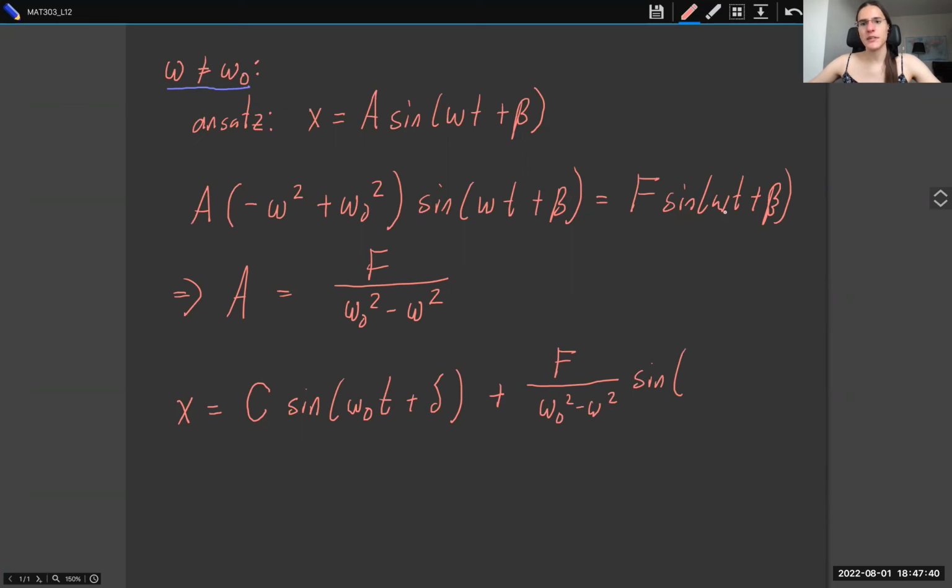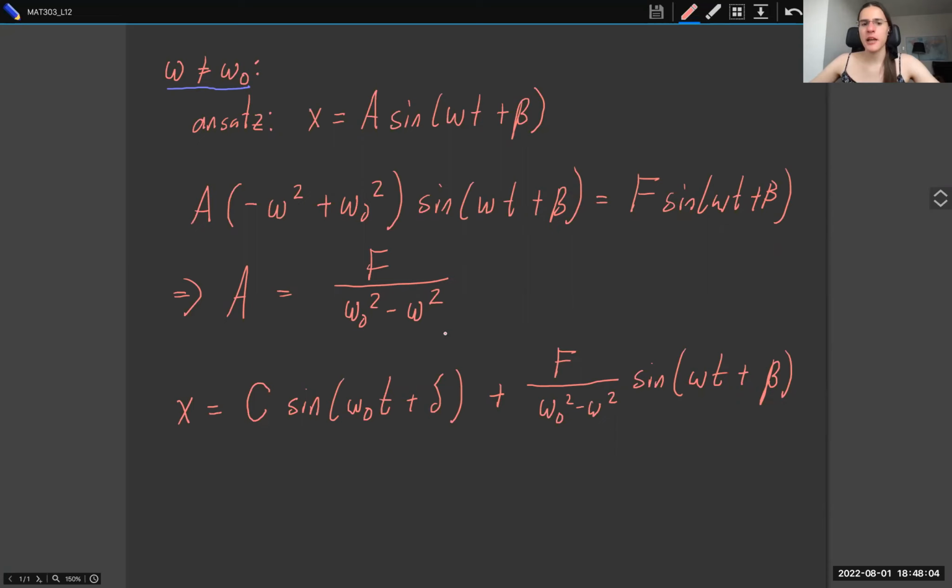And the frequency here is going to be different. And in general, if you have two sines and they have different frequencies, you most certainly cannot rewrite this as a single trigonometric function.